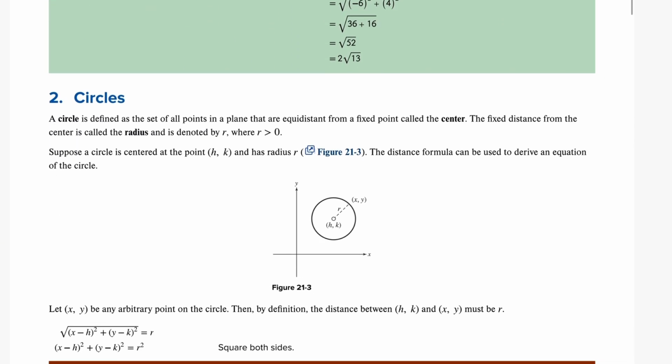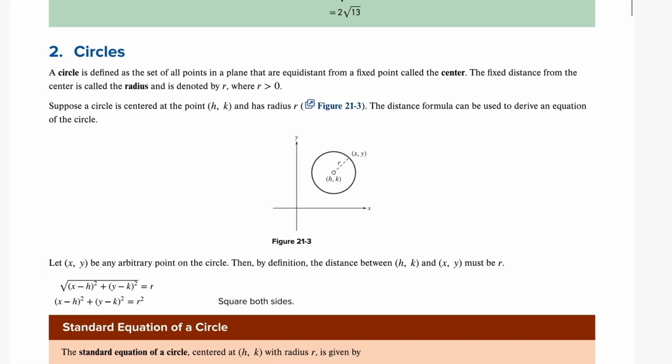And then circles. So all circles have a fixed point in each circle, right? And it is the center. And then from the center out to any part of that circle is the radius. Okay?